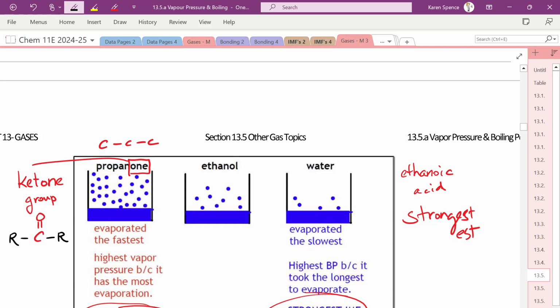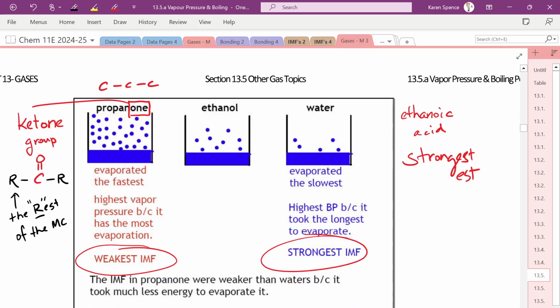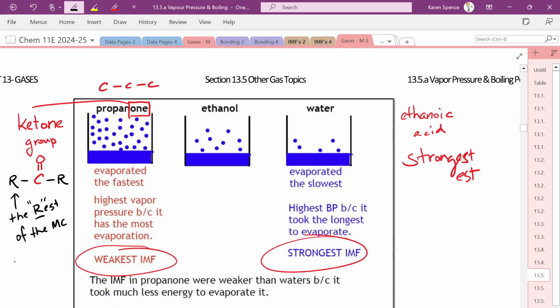Now, what does the R mean? I like to think of the R as being the rest of the molecule. It means it's more carbons, okay? Not a hydrogen, okay?